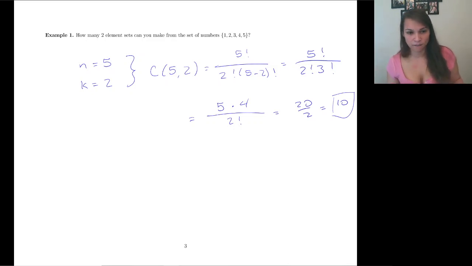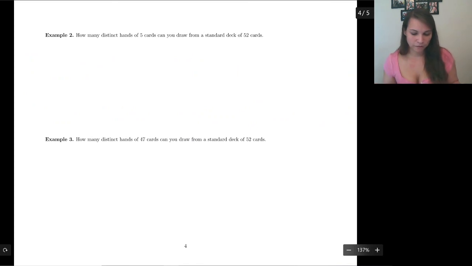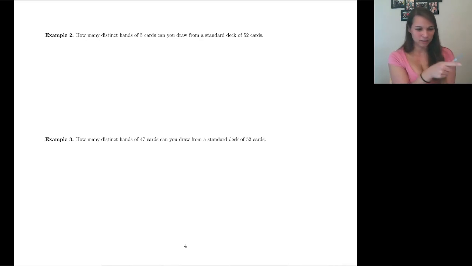Let's try another example that we actually saw before. Remember when we were drawing cards? I was just like, oh man, we weren't careful, because like I said, distinct hand. It doesn't matter if you're holding a queen of hearts and then a king of hearts, or a king of hearts then a queen of hearts.